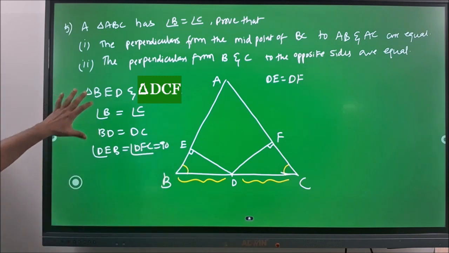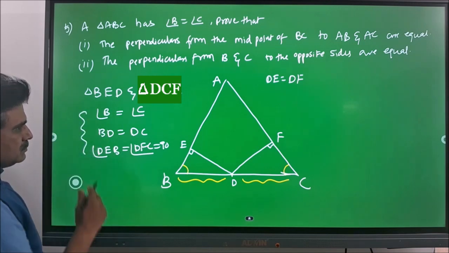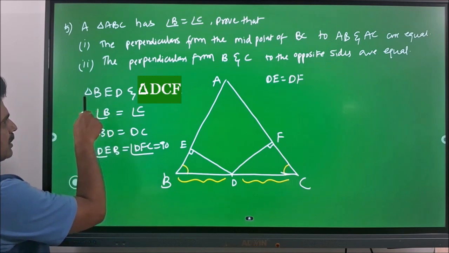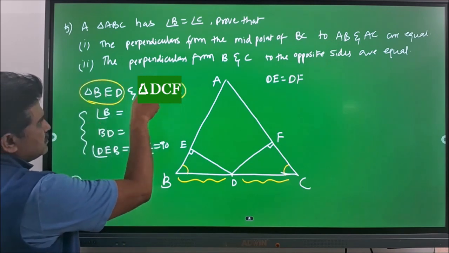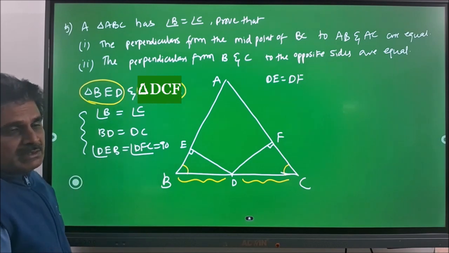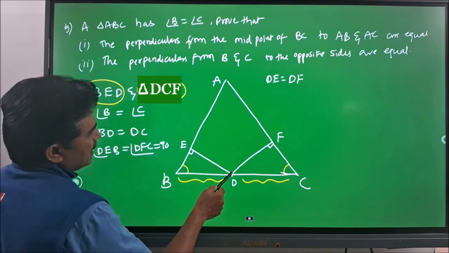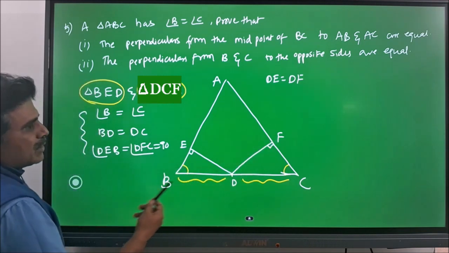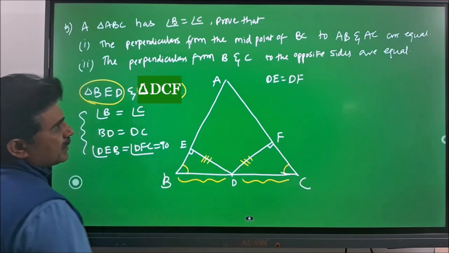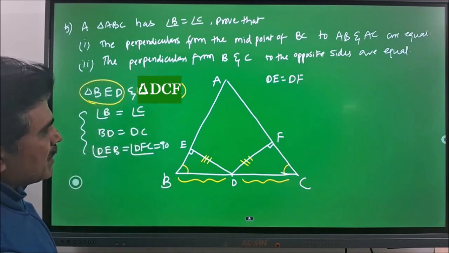Okay, so we have taken three parts from these two triangles which are equal. So based on this we can say that these two triangles are congruent. When these two are congruent, their respective sides also will be equal, right? So from that, their respective sides ED and DF are also equal. So hence proved.